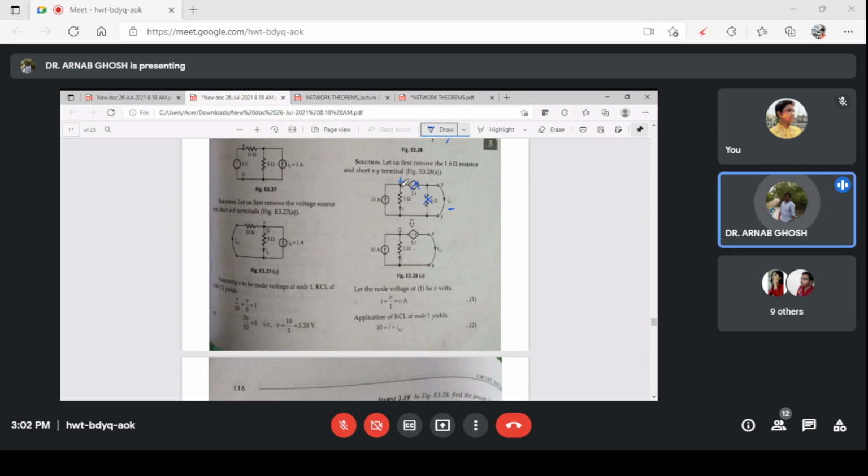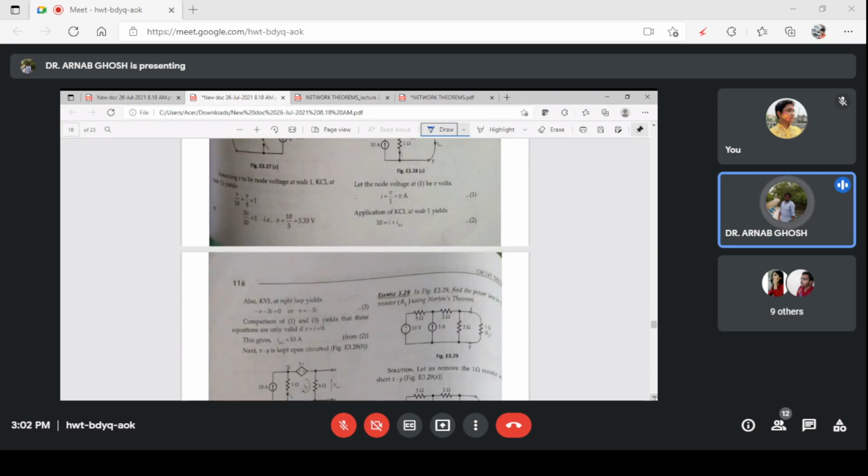So at this particular node, I is leaving the node, ISC is leaving the node, 10 ampere is entering the node. So you are having 10 ampere equals to I.